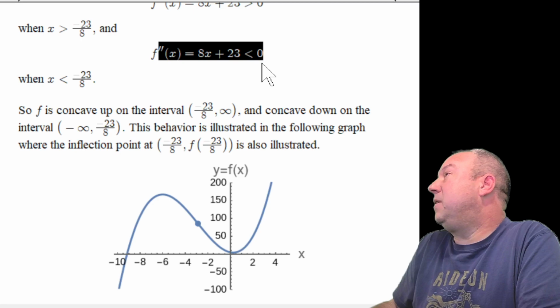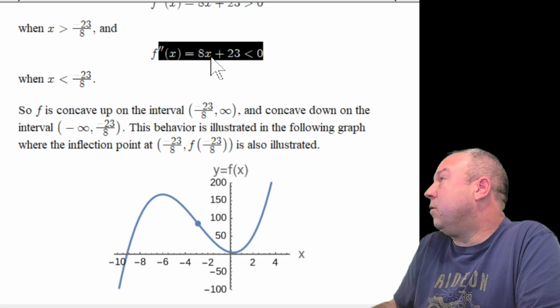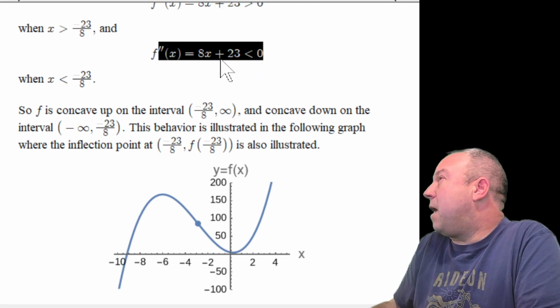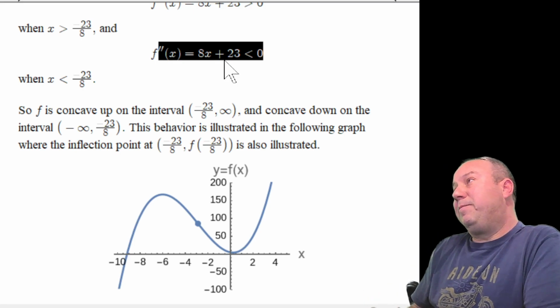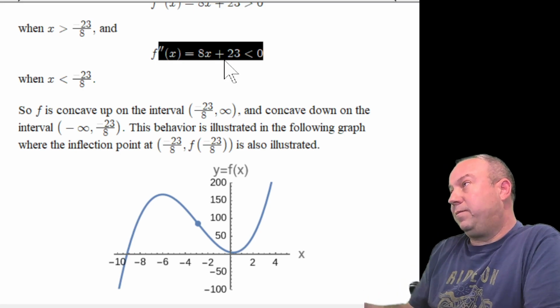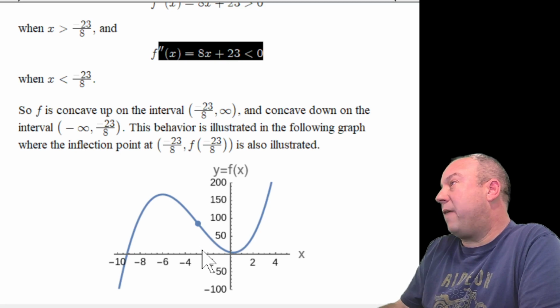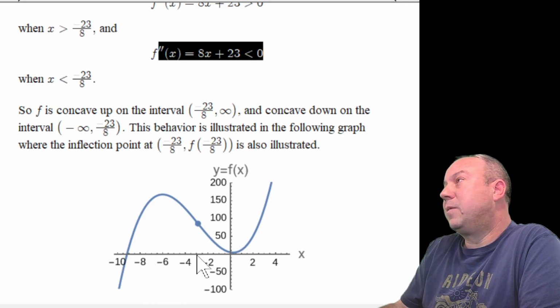That's described by this behavior before that point being less than 0. If we were actually to graph this line, it would cross through the x-axis right at that location, and it would be down here less than 0. It's 0 at this location, and then it turns positive to the right of that location.